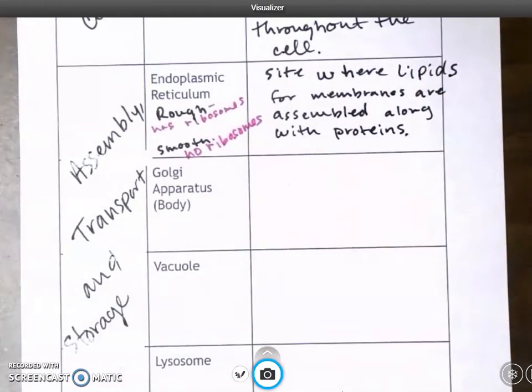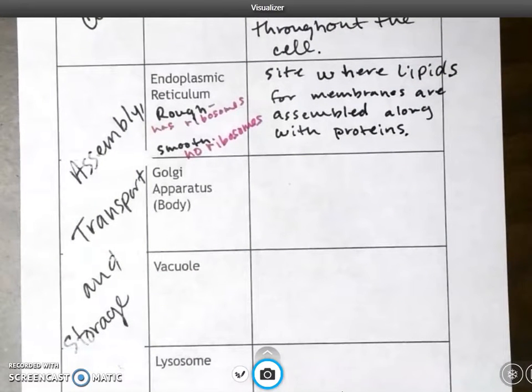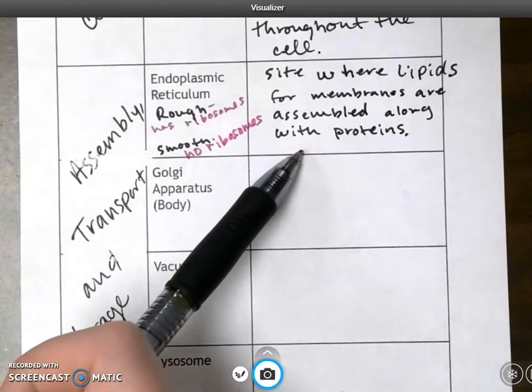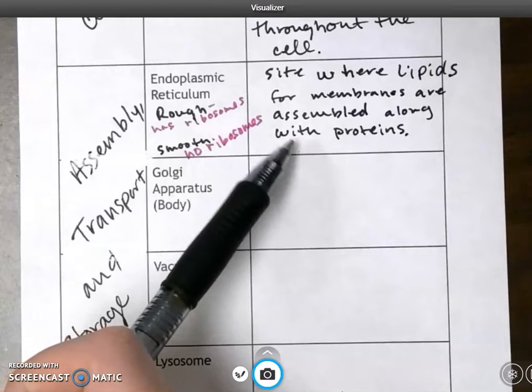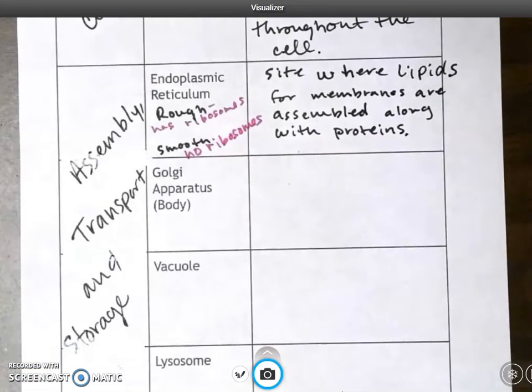Remember, those proteins are added to the membrane as well. If you think back to the activity that we did with the bubbles, the part with the string, that would be a protein, okay? And that would be made at the rough endoplasmic reticulum. The smooth endoplasmic reticulum makes the lipids.